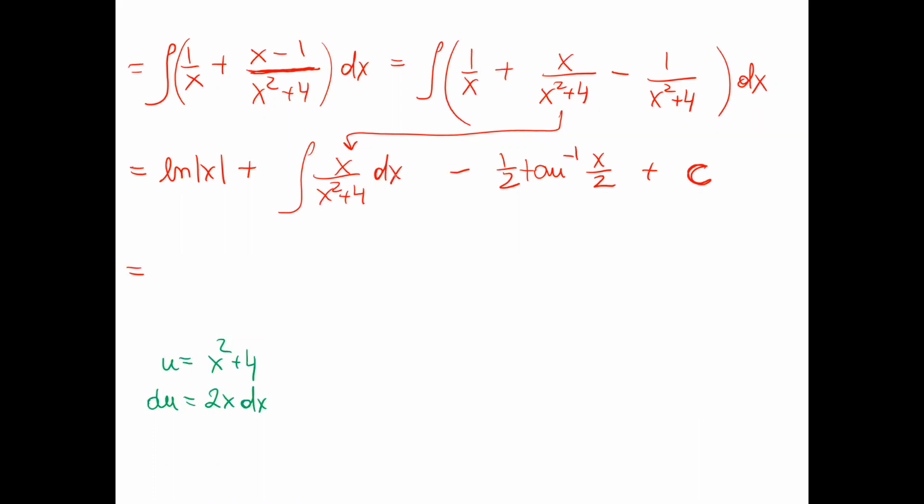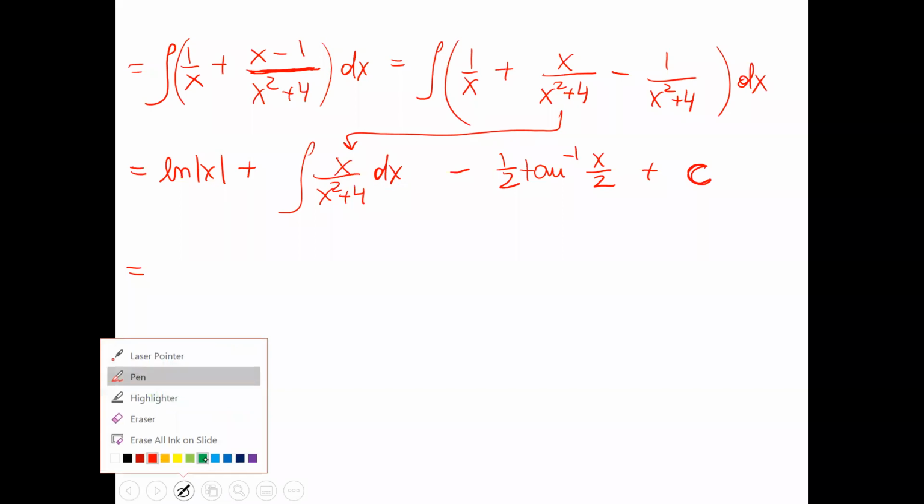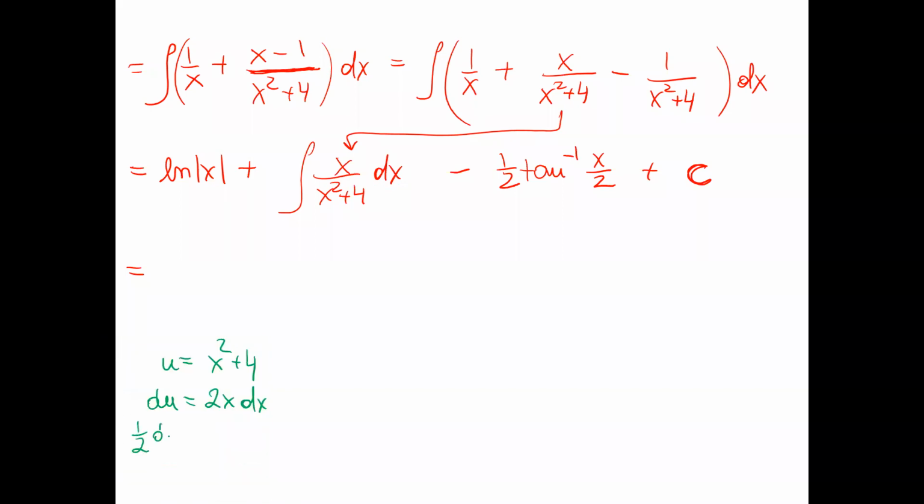We can see x dx is part of the integrand, then I will just divide everything by 2. x dx will be 1/2 du, and the denominator was u.